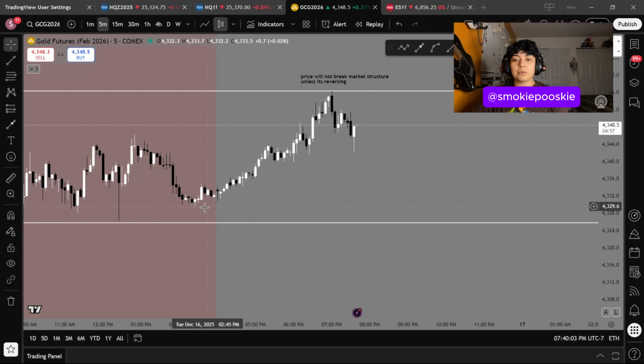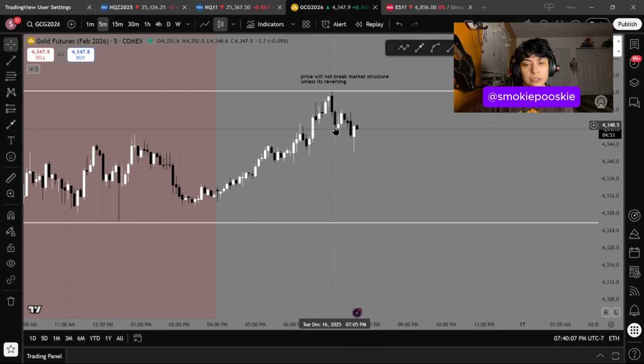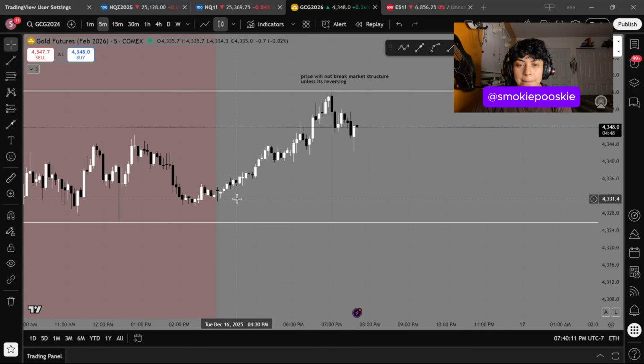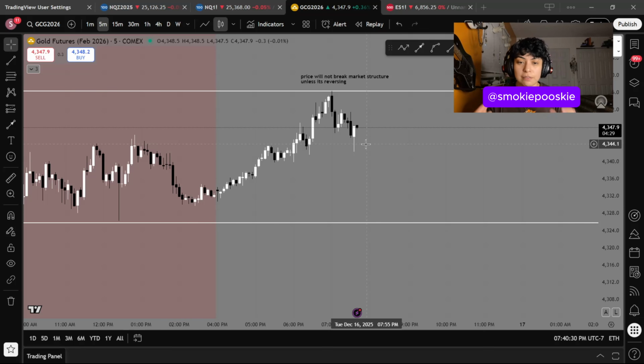If it's a bullish trend and we're creating higher highs and higher lows, then if we start to see lower lows and lower highs, that's telling us to look for shorts. If you're going to be scalping at this very minute, look for shorts.